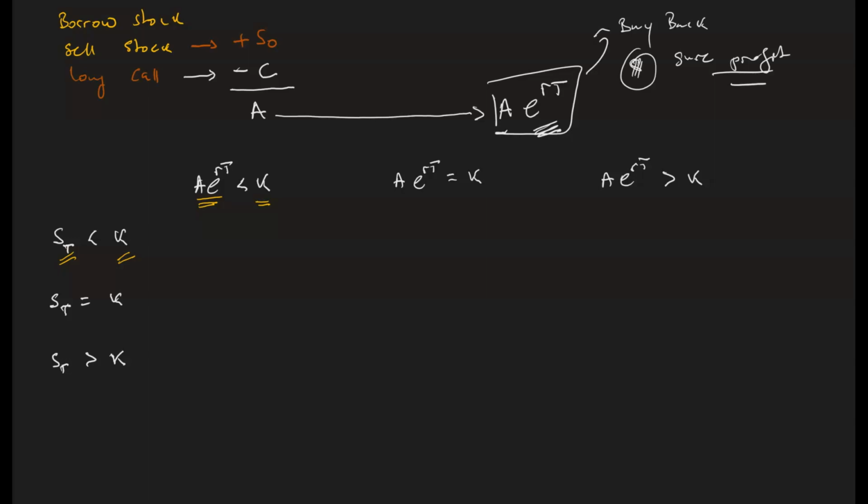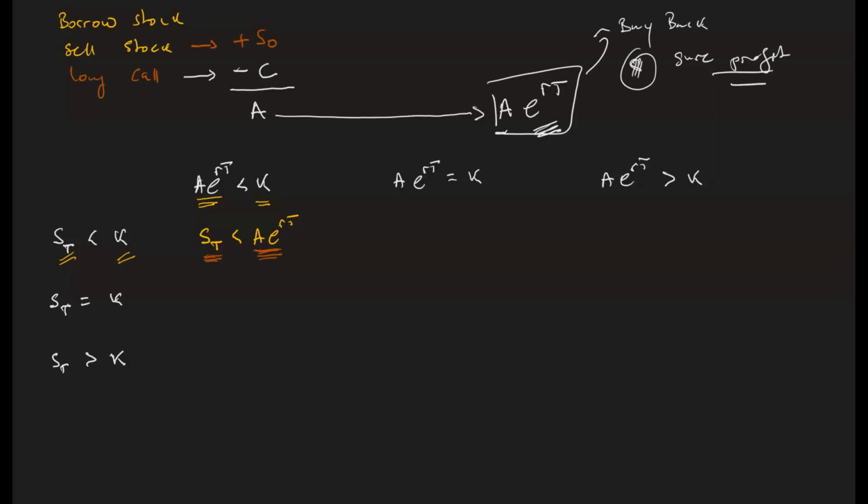And so the only time an arbitrage opportunity would exist in this scenario is if the stock price S_T is actually less than the future value of A. Because when this is true, we're going to use this money and buy the stock back at S_T in the open market without having to exercise the option, and then return it to its owner. So at this point, there is an arbitrage opportunity. When this value, A future value, is greater than the stock price, we can arbitrage away and have a sure positive profit.